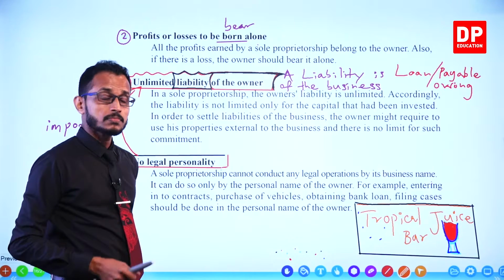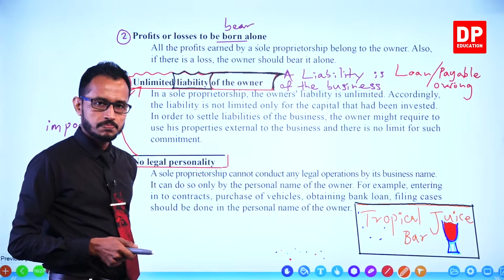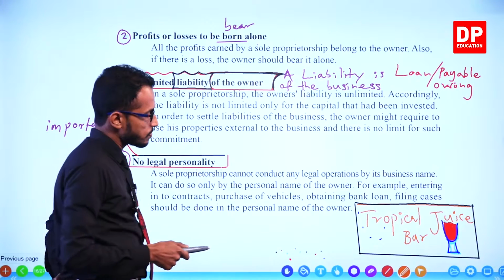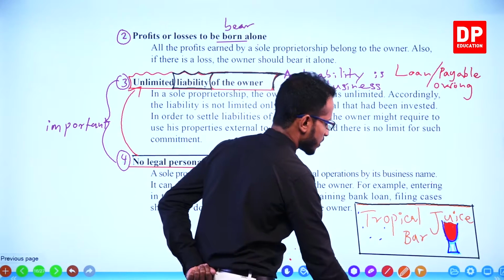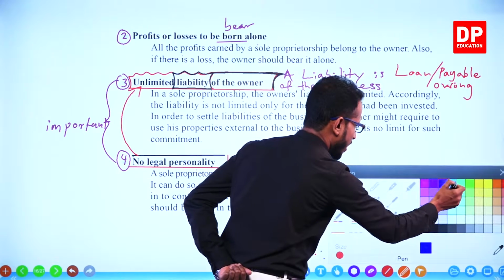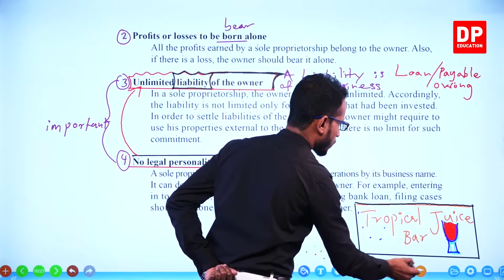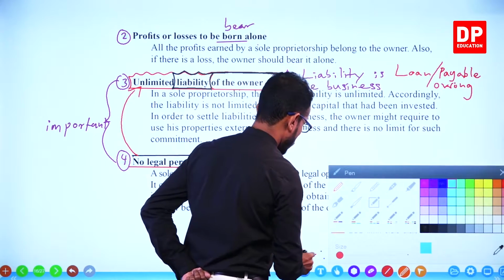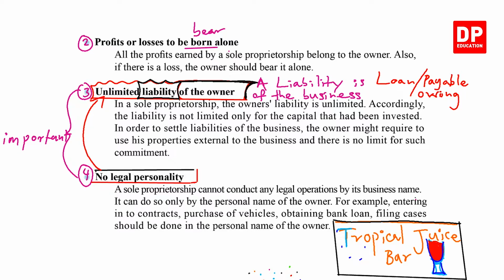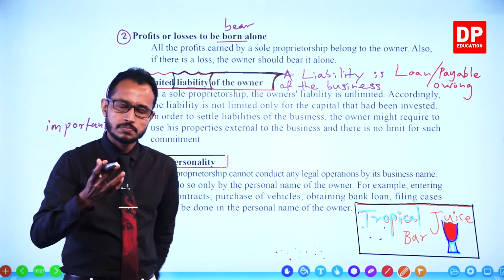But if your business is conducted using a different name other than your name, like this, Tropical Juice Bar.